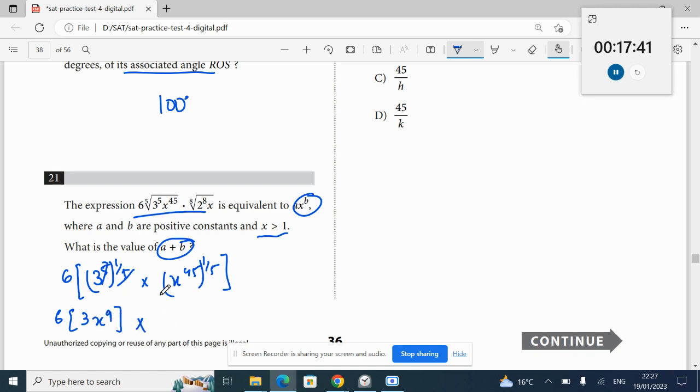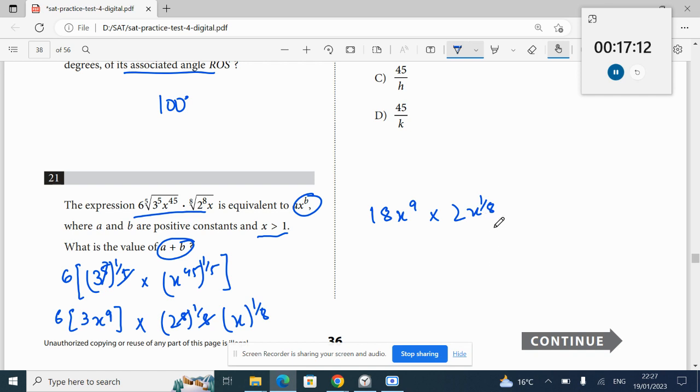And then we have this one, where we're going to give each one a power of 1 upon 8, right? Multiplying 18 by 1 upon 8.